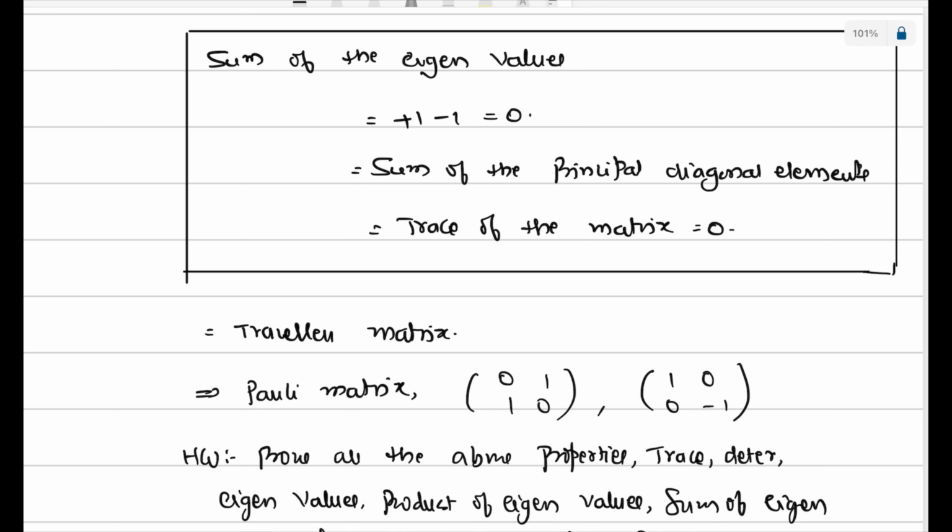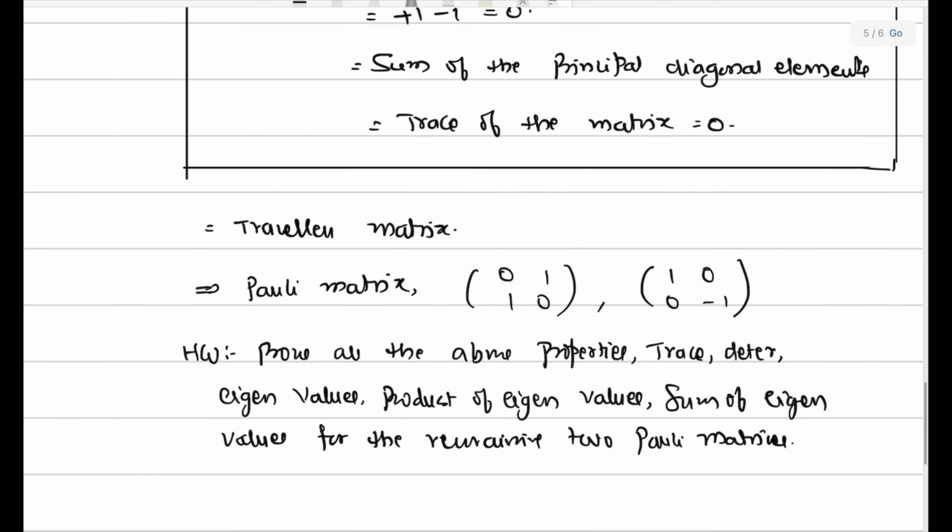If they are not true, which properties are not true for all the matrices and which properties are true for all the matrices?